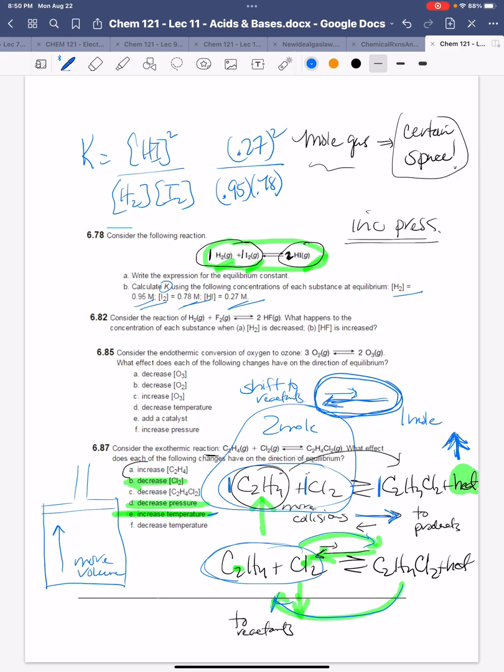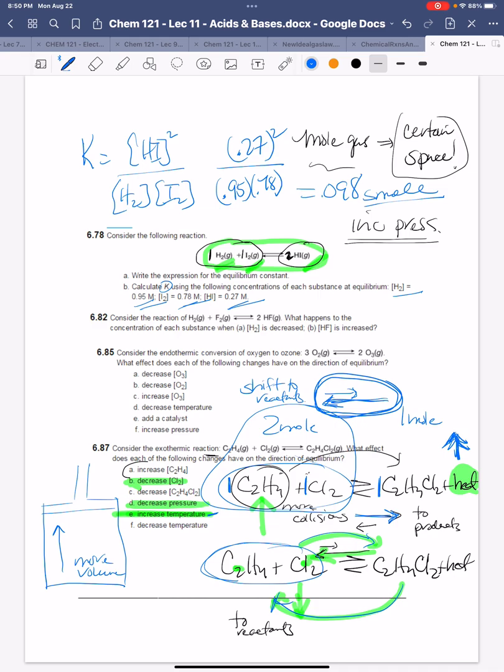When I do that math very quickly, 0.27 squared divided by 0.95 times 0.78, and I get 0.098.